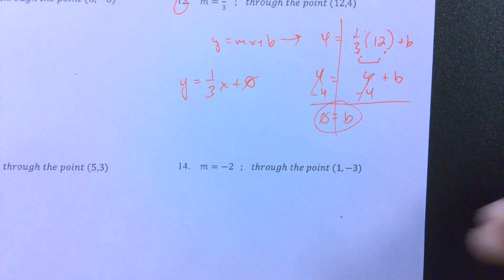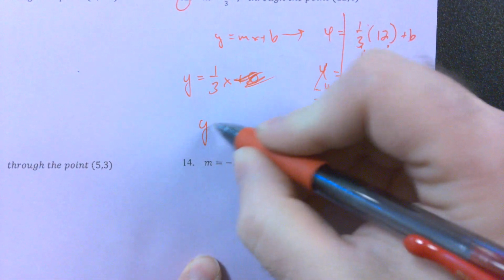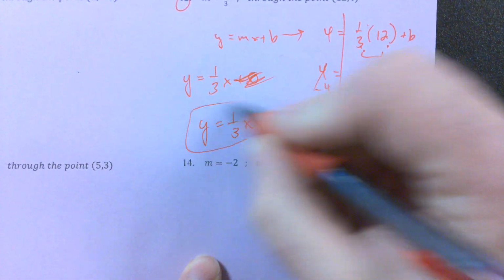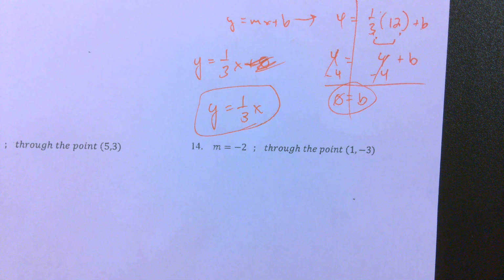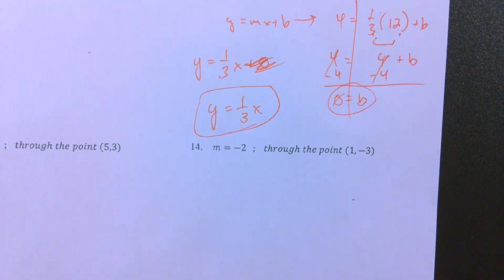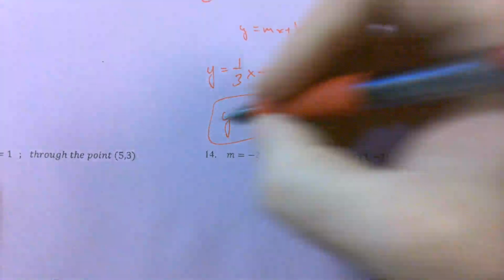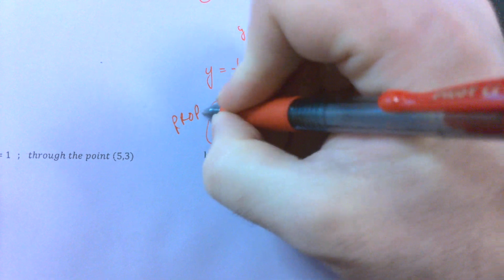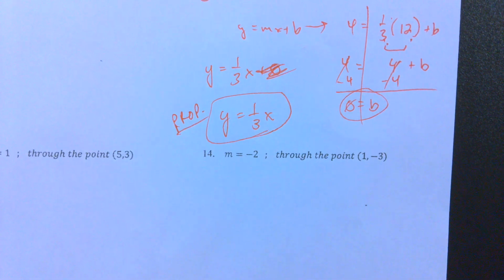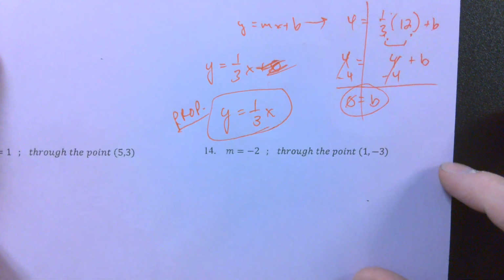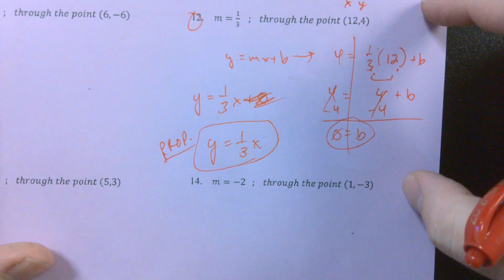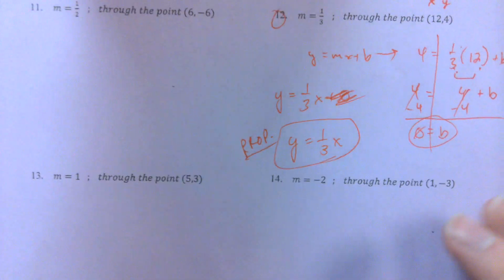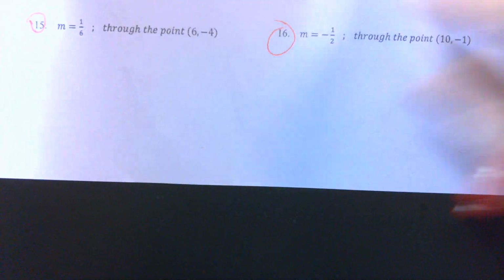But I don't really need to write the 0, so I'm not going to. y is equal to 1/3 x, which as we know, of course, is what type of relationship? Proportional. Questions I can answer about number 12? Okay. Last but not least, 15 and 16.